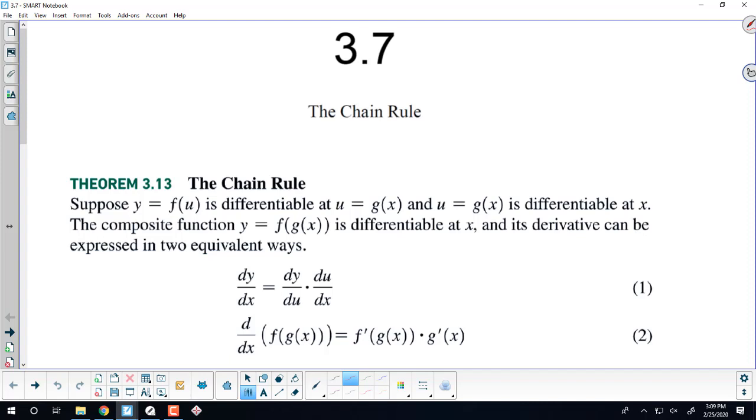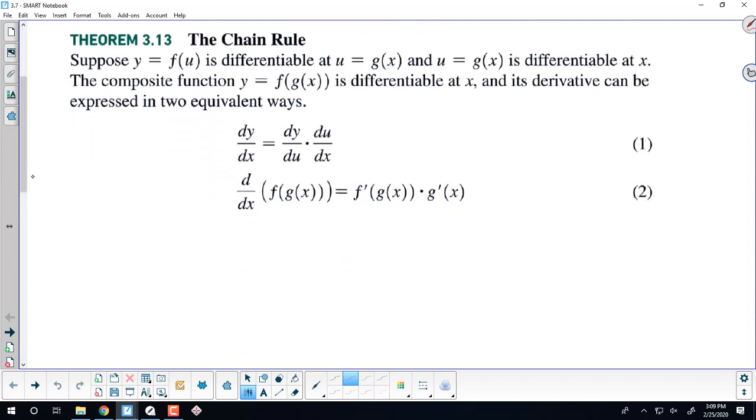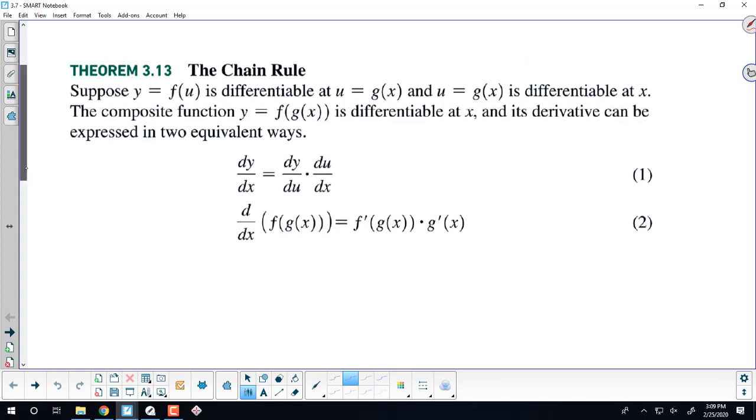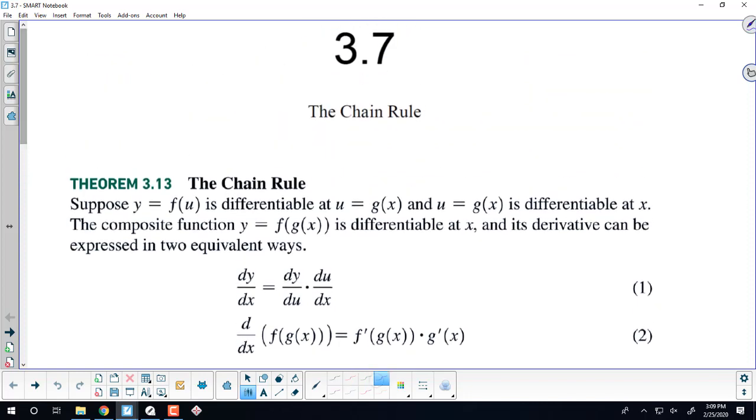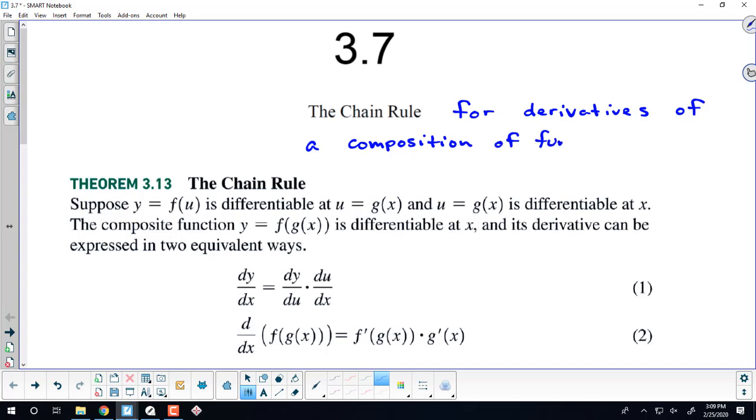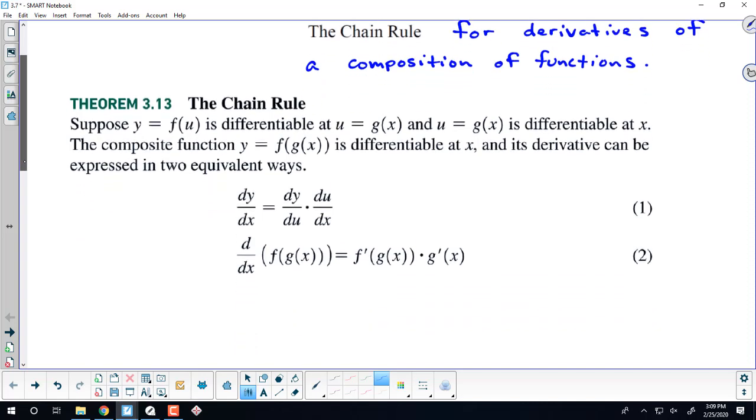Anyways, there are 2 versions presented in this theorem. We should say the chain rule is allowing us to take the derivative of compositions, to start putting functions inside of other functions.